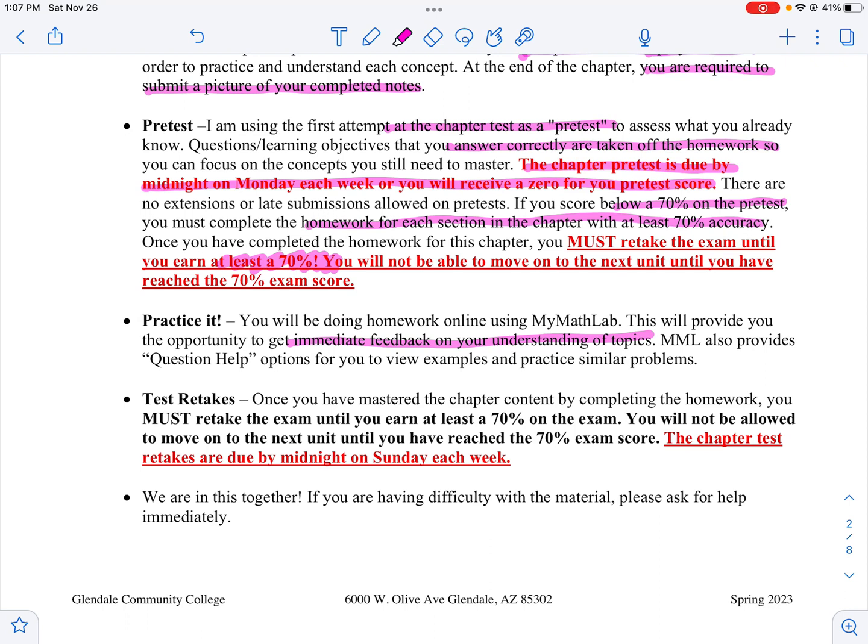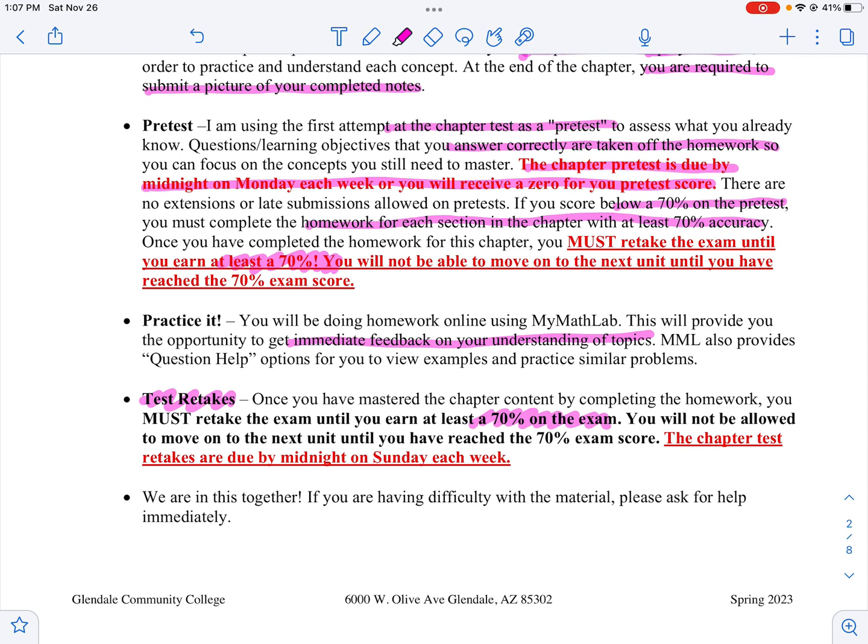Again, once you have completed the homework with a 70% for each section, you'll be allowed to retake your exam. Once you've mastered that by doing the homework, you must retake the exam, remember, and earn at least a 70% on the exam before you're allowed to move on. Again, you will not be allowed to move on to the next unit until you've reached a 70% on each test.